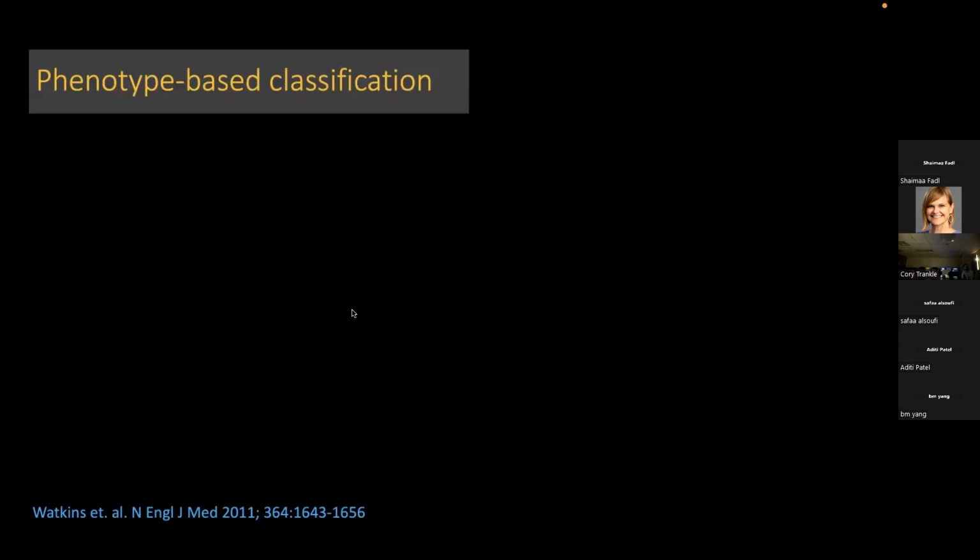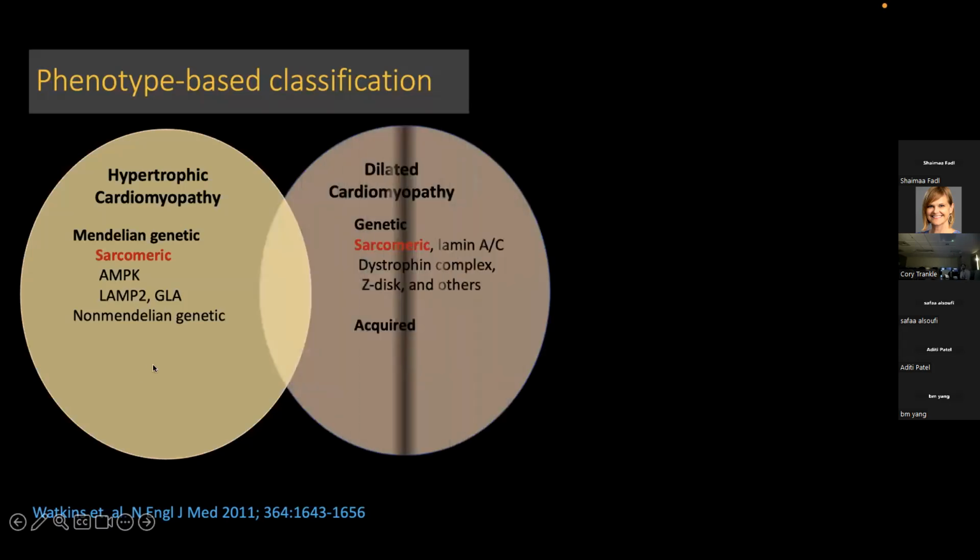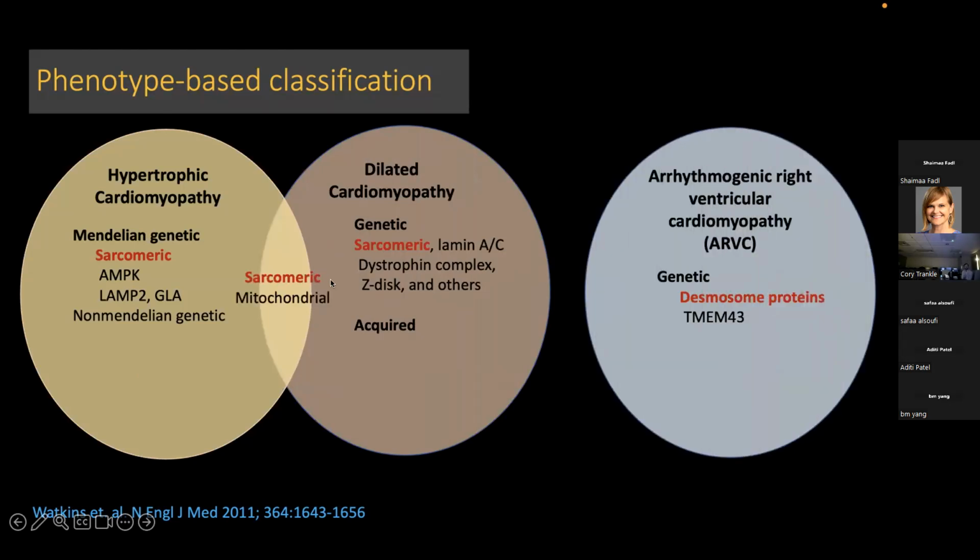There was a classification for the inherited cardiomyopathies published in the New England Journal, and it's based on the morphology. Some have thick myocardium, hypertrophic. Some have dilated cardiomyopathy, thin dilated heart. Some are overlapping.